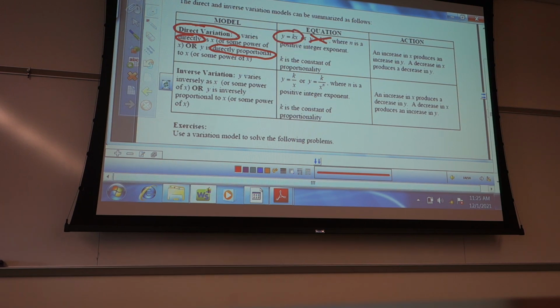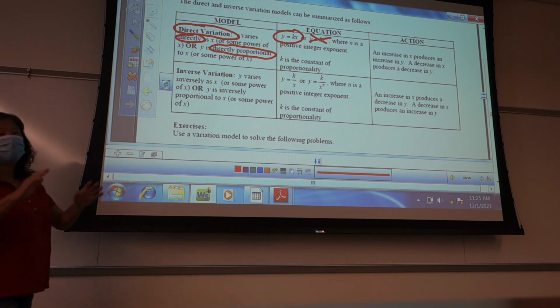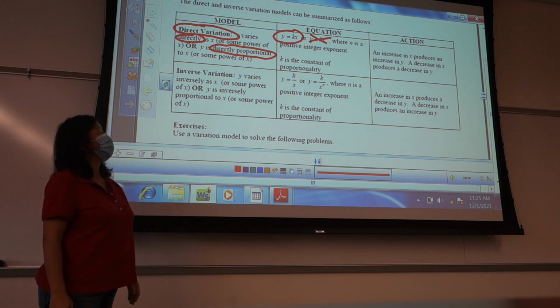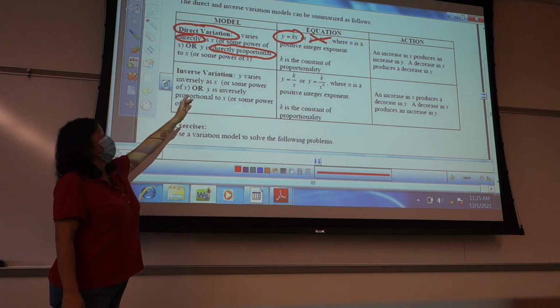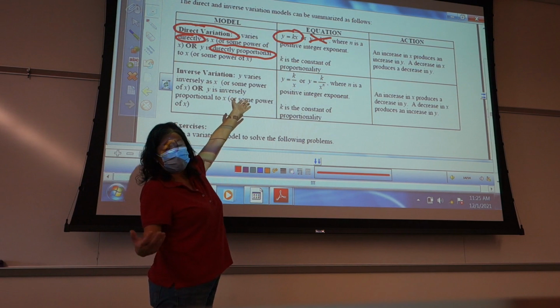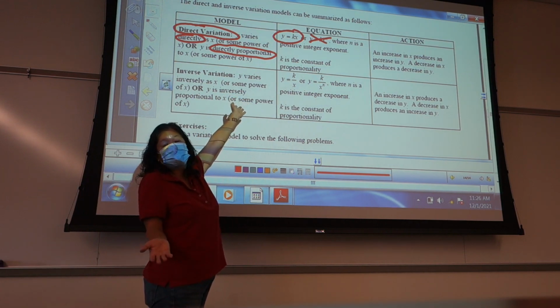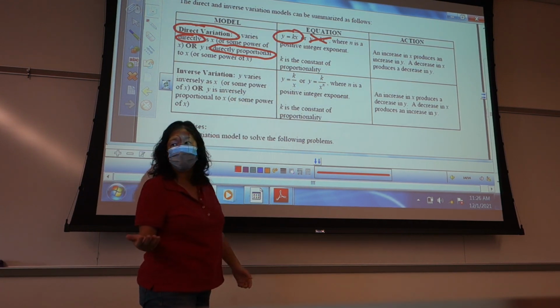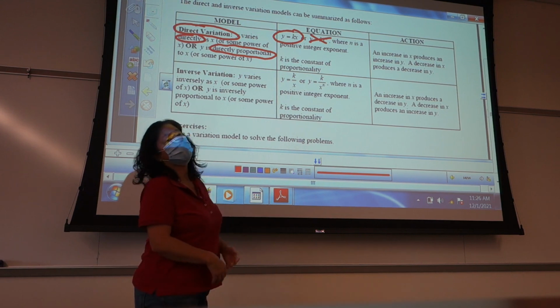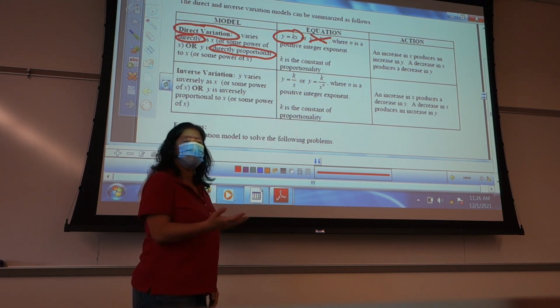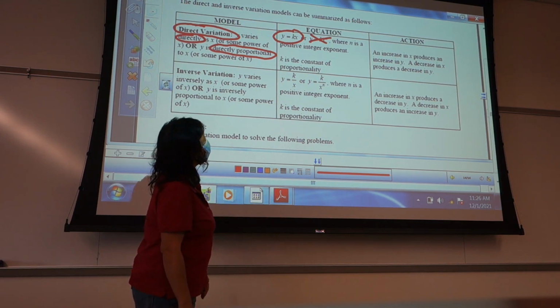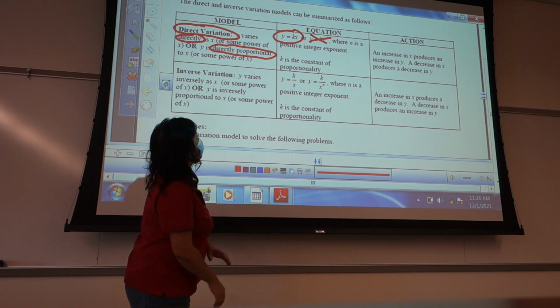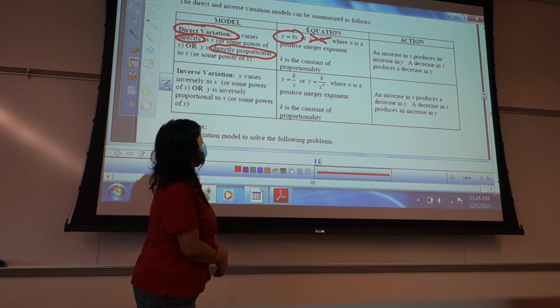Y equals kx. It's a line. It's actually even easier than a line because there is no b. Your b is 0. So all you have is just the slope, which is the same thing as k. So all you have to do is find k, and you've got your function. Y equals 3x, y equals negative 2x, whatever it is. As x increases, y increases.